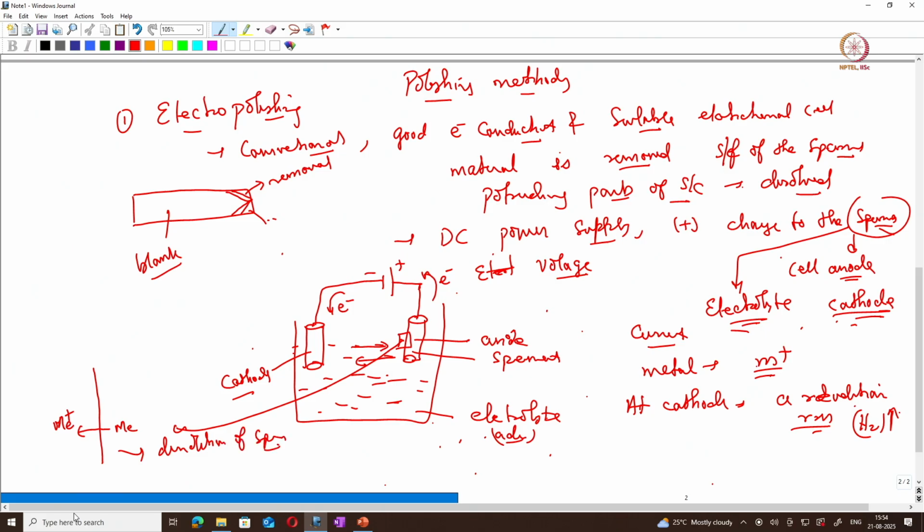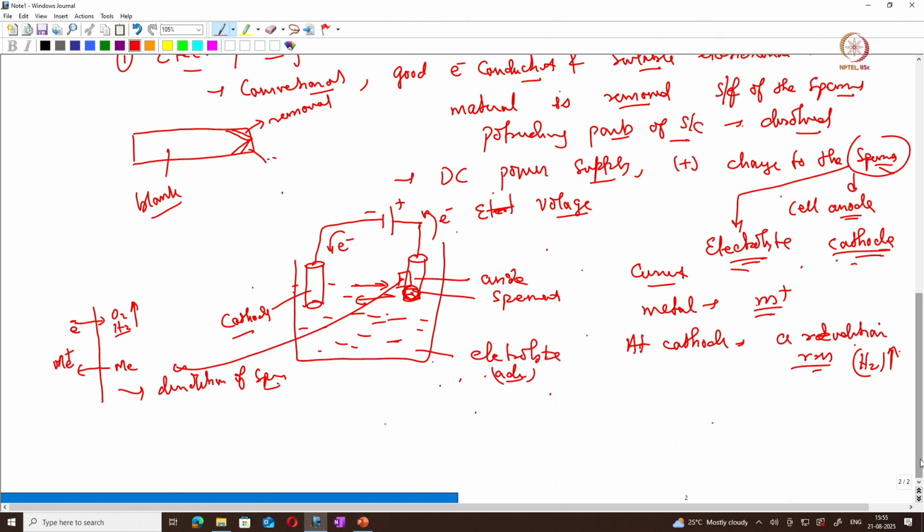Okay, and the electrons will travel towards the metal surface or the specimen surface, where it may form oxygen or hydrogen gas, and it gets out of the electrochemical cell. So in this way, by time you are dissolving the specimen in the electrolyte, so that your specimen will be removed and it will be converted to a sharp needle.